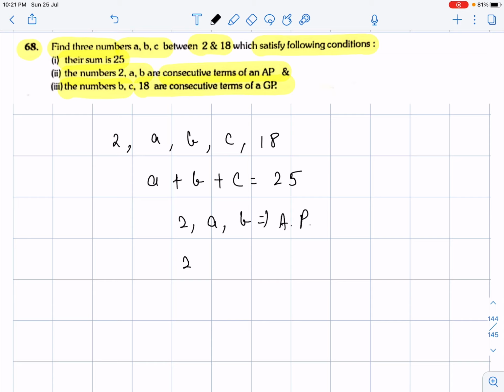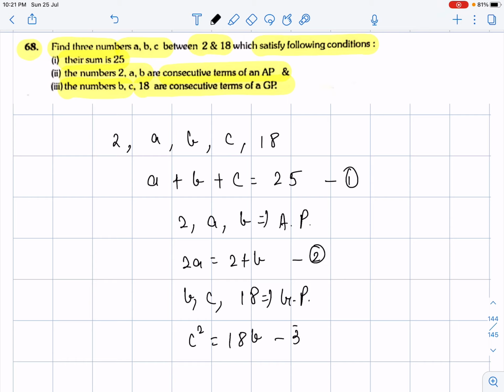That means 2A is equal to 2 plus B. And what else is given to us? B, C and 18 are in geometric progression. That means the square of the middle number is the first number multiplied by the third number, that is C squared is equal to 18B. So this is our first expression, this is our second expression and this is our third expression.